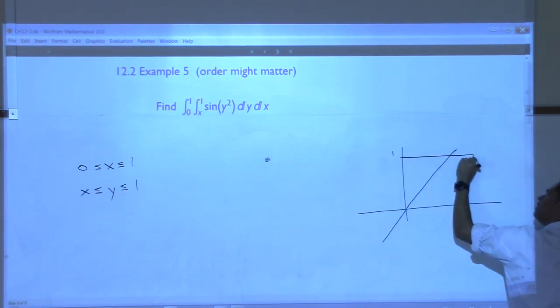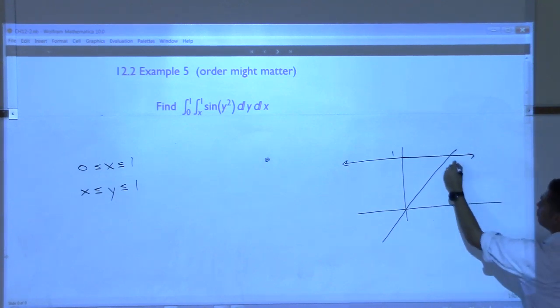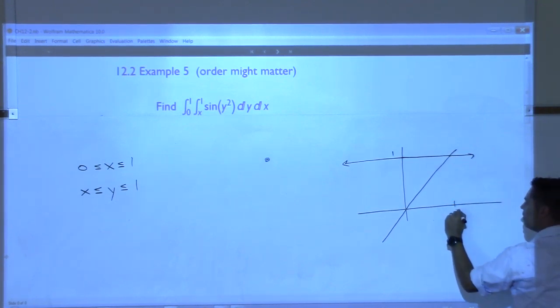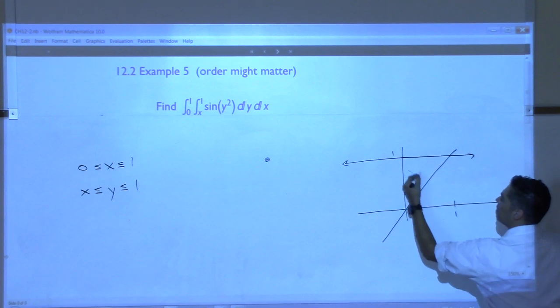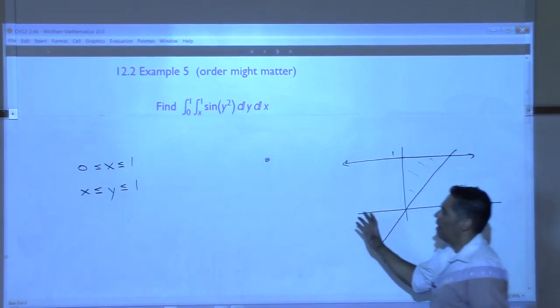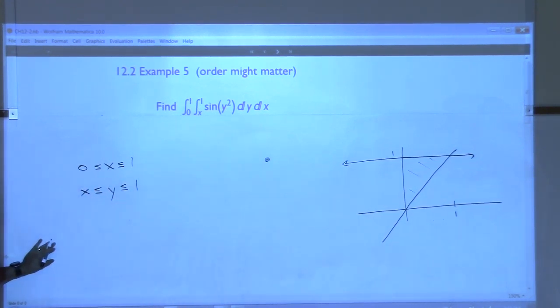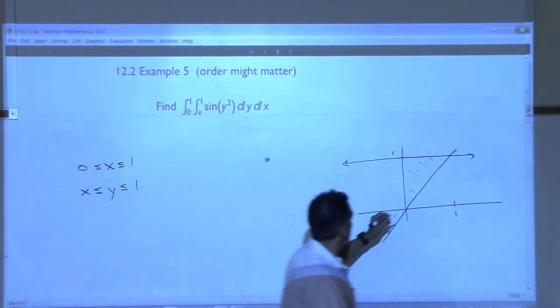So it's like this. And x is 1 is here. So we were doing this right here, right? That region, that's what we were doing. And they were treating it like a type 1 region. Let's just, for the sake of doing it, switch it to a type 2. See what happens.